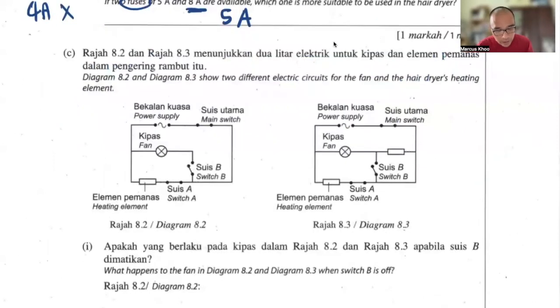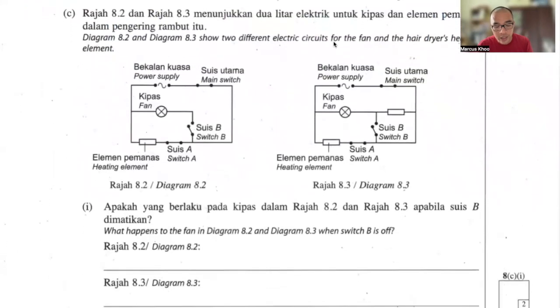Diagrams 8.2 and 8.3 show two different electric circuits for the fan and the hair dryer's heating element. What happens to the fan in diagrams 8.2 and 8.3 when switch B is turned off? In 8.3, when switch B is turned off, the fan still turns because there is already a complete circuit. Even the heating element is still possible, because switch B is a useless switch over there.